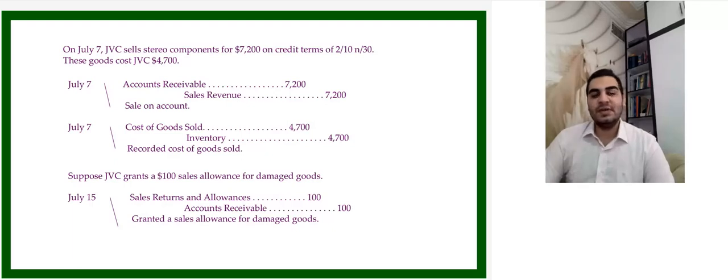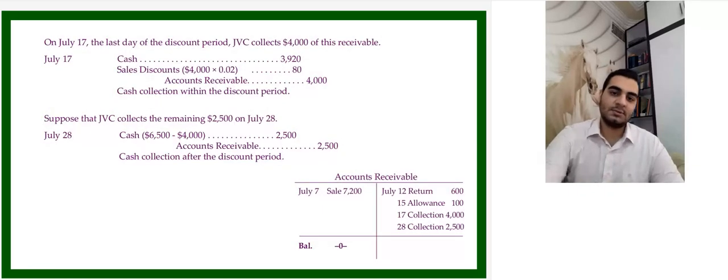Suppose GVC grants $100 for allowances. So our sales returns and allowances is debited for $100, and then our accounts receivable is credited for the same amount. On July 17th, the last day of the discount period, GVC collects $4,000 of this receivable.